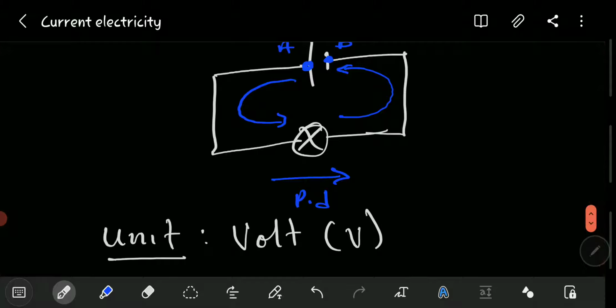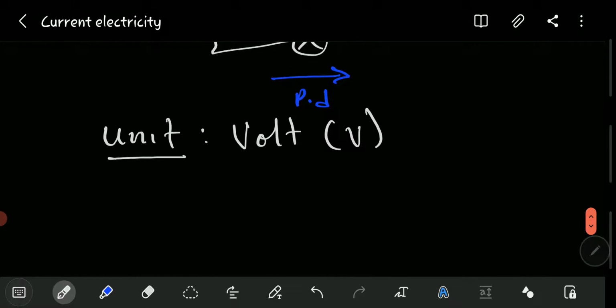If we have an open circuit, then there is no EMF, because it should be the work done in moving a charge around a closed circuit. So if the circuit is open, then no EMF.